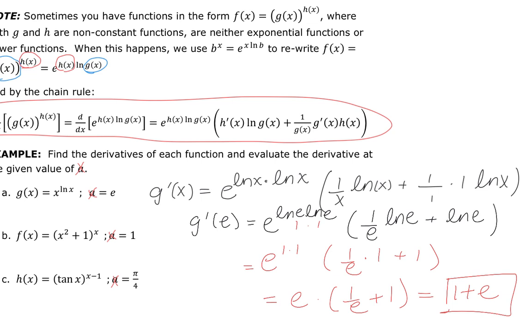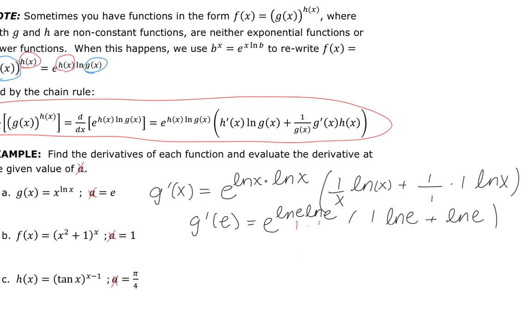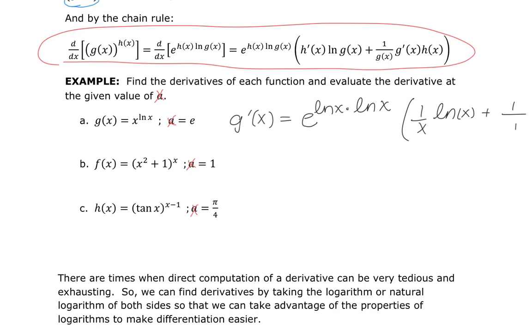Wow, that was a lot. All right, let's take a look at my next example here. On my next example, again, I'm going to decide what is my power, what's the function that's in my power position, and what is my base function. So this is my h of x. I'm going to label this my g of x.